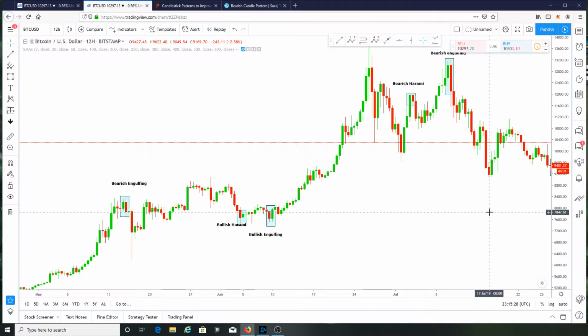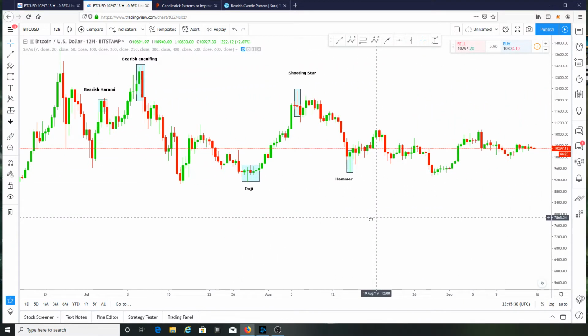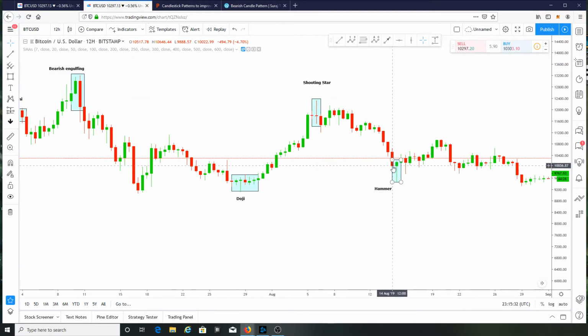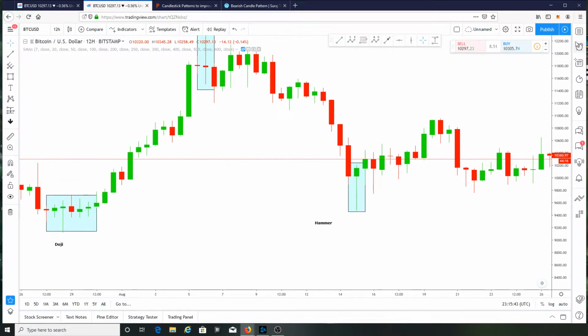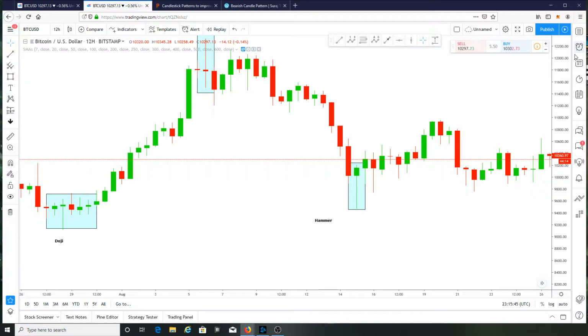Let me see if there's others. I think I kind of captured all of the ones. A hammer. A hammer just results in a downtrend that is quickly bought up into a wick. These are easy to spot because a lot of people call them hammers because they look like a hammer. If you think of Thor's hammer, he's got the handle and then the hammer body itself, so that's why they're called hammers.